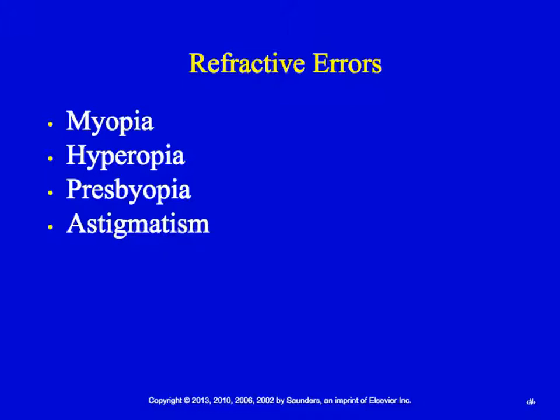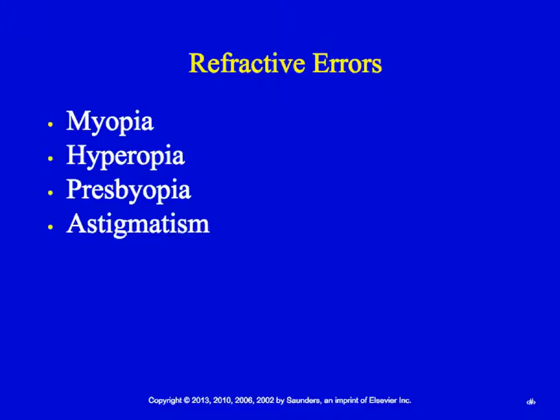Refractive errors refer to a lot of the vision disorders that are very common in most people today. Basically it's about the refraction of the light shining on the retina.